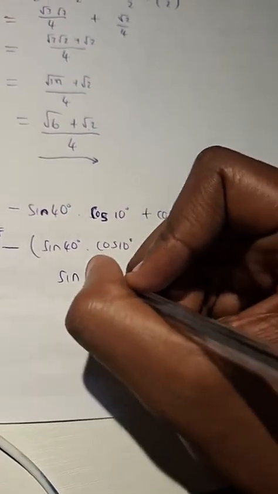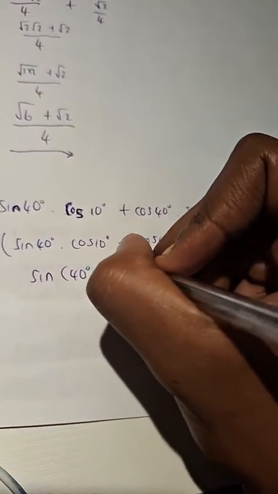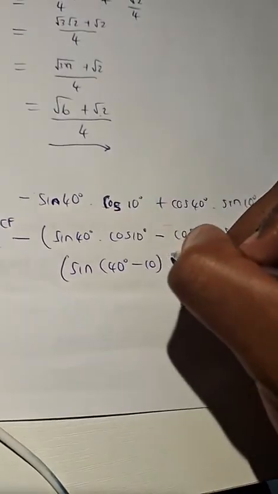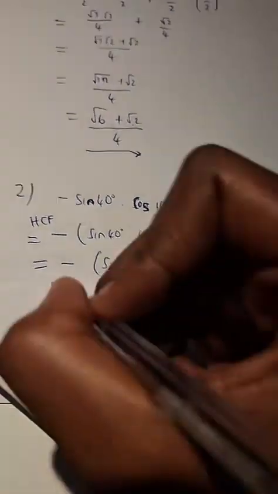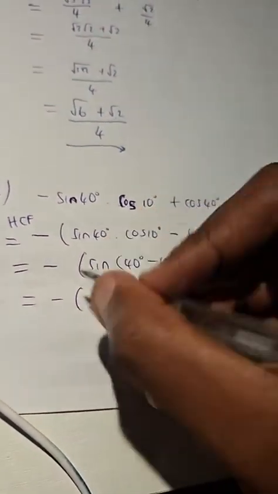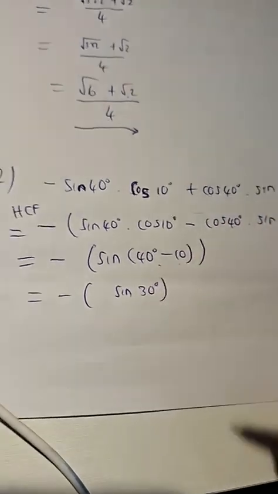For sine. And this is 40. Obviously the same sign remains, it's sine 40 minus 10. Remember, there was a negative sign outside the bracket, and that is still there. Then we deal with what's inside. 40 minus 10 gives us 30 degrees.